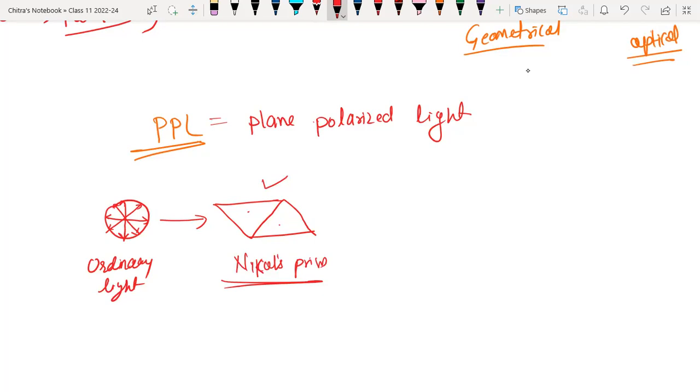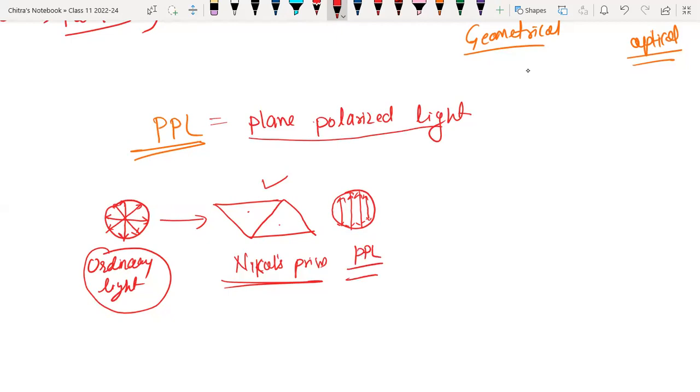Yes, sir. Okay, so when an ordinary light ray passes through a Nicol prism, the emerging light ray vibrates only in one plane. In any plane, I am just writing along the vertical plane over here. This light which vibrates only in a single plane is called plane polarized light, PPL.